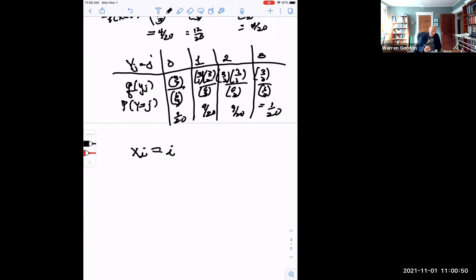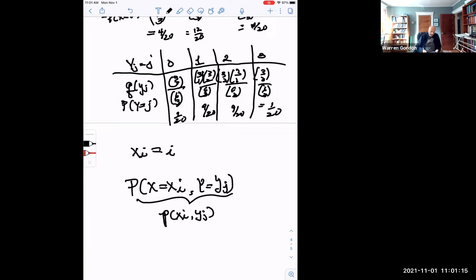We might ask, what's the probability I get, let me explain what this means. I could also write this as P of x sub i, y sub j.